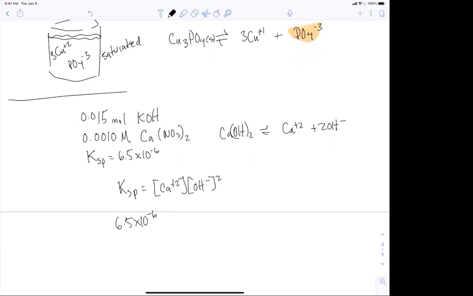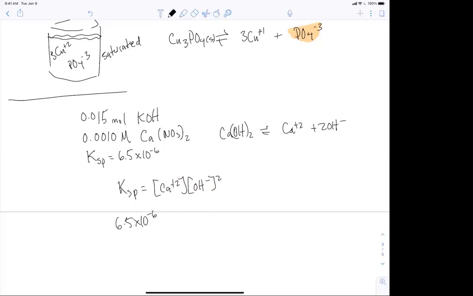That means the concentration of calcium times the square of the concentration of the hydroxide, if it's less than the KSP, then you're fine. Nothing's going to precipitate out. But if it's greater than the KSP, then you're going to form a precipitate.